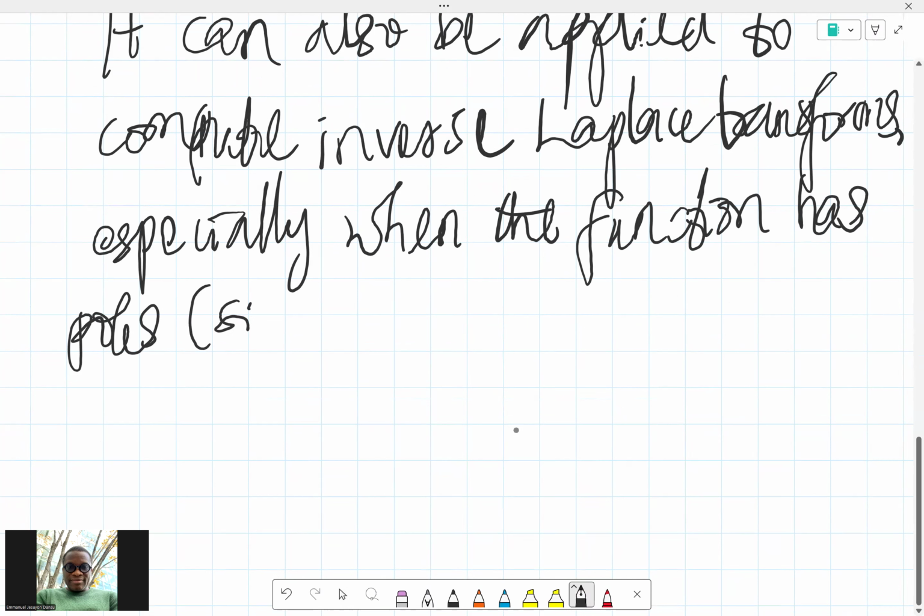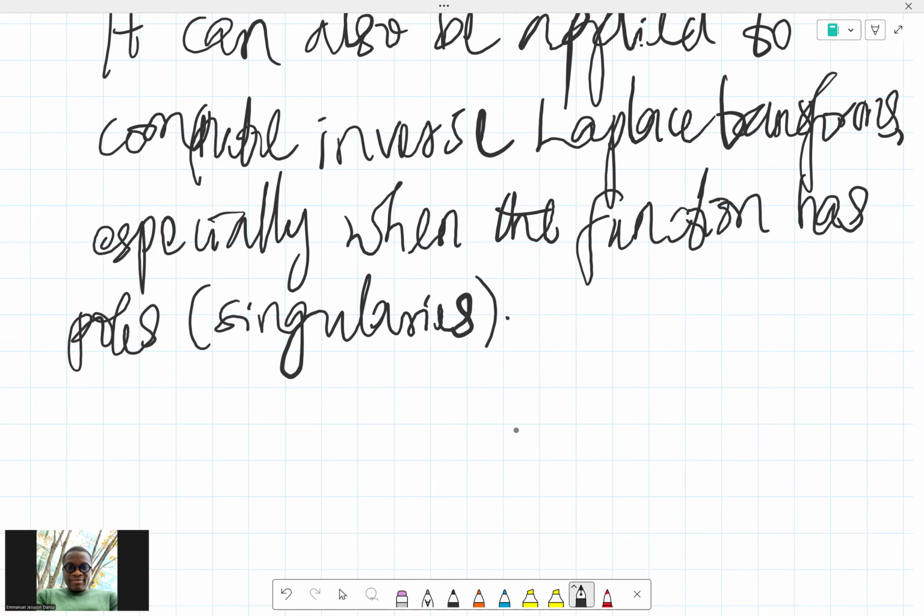Poles are also known as singularities, or better still, points of discontinuity. That's points where a function is not defined.